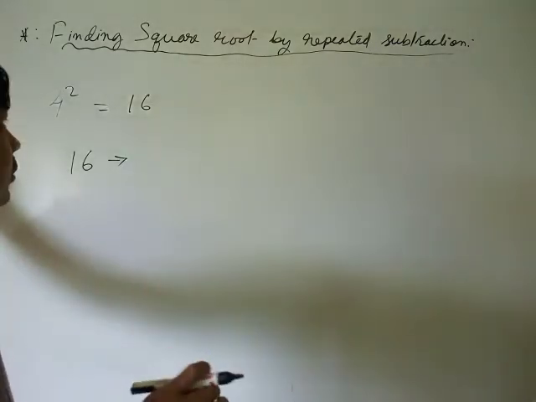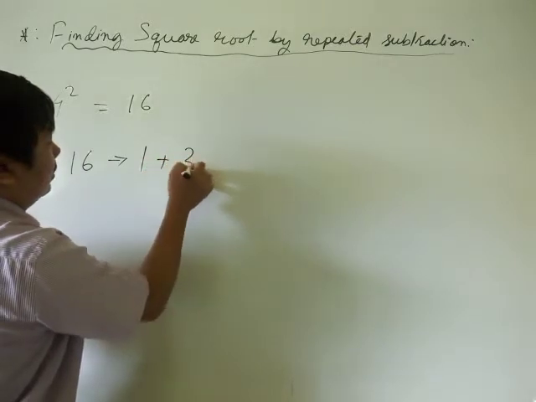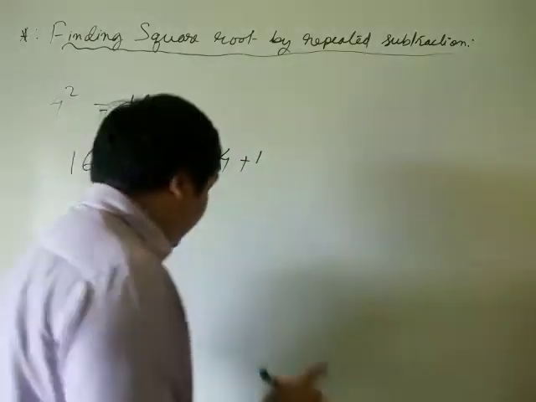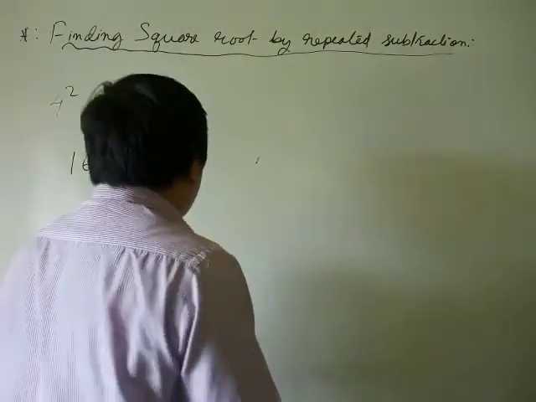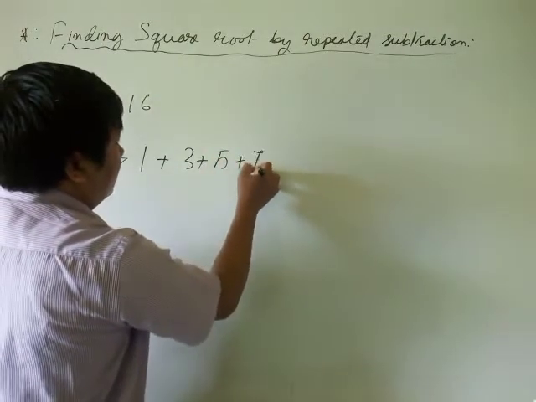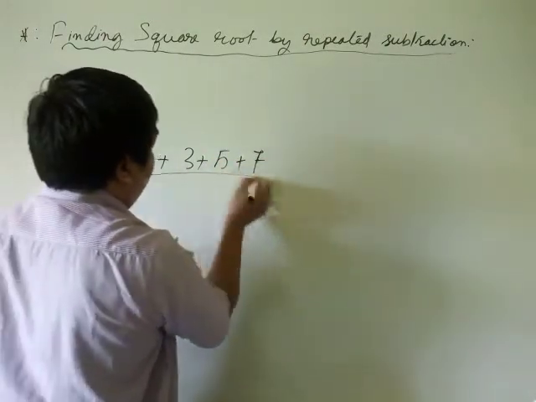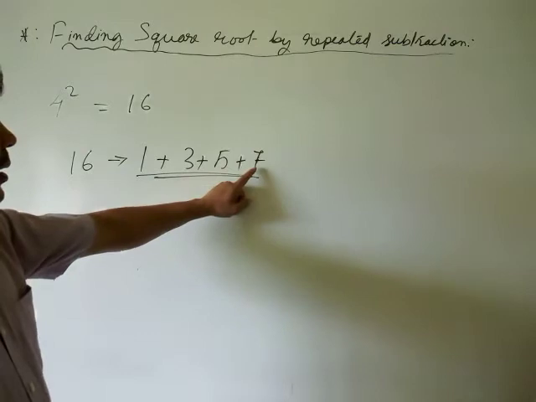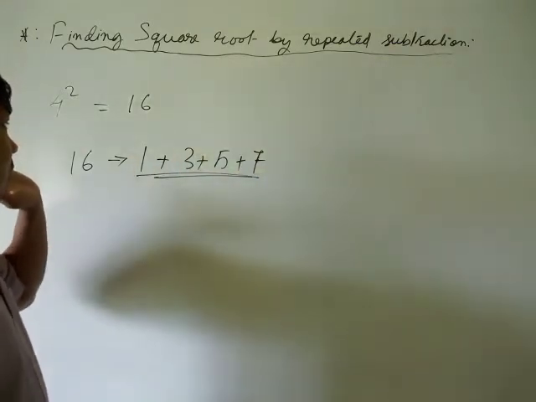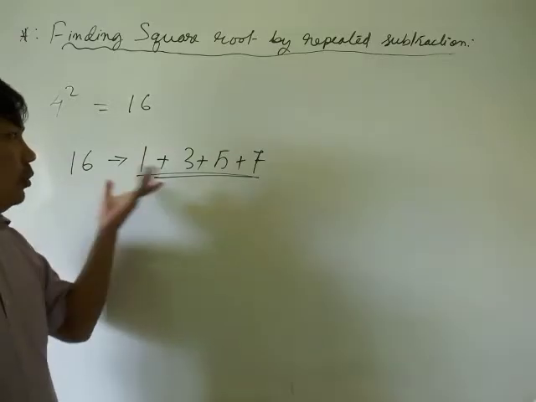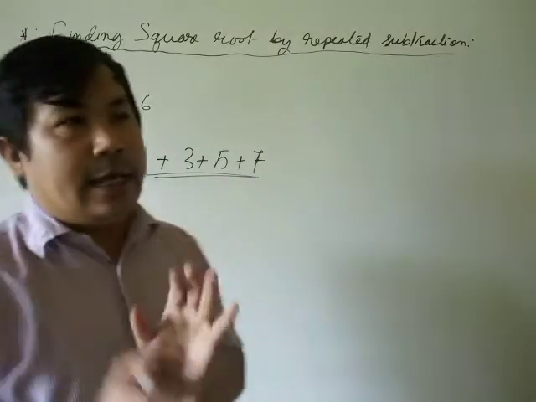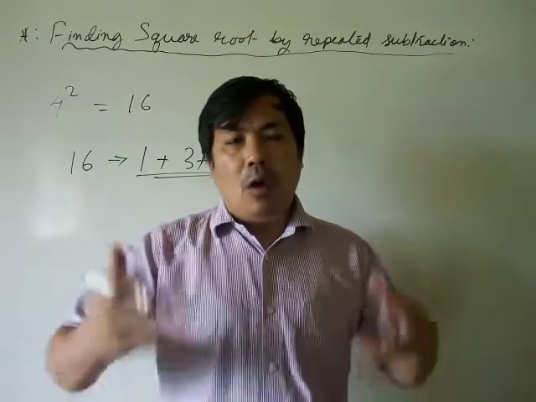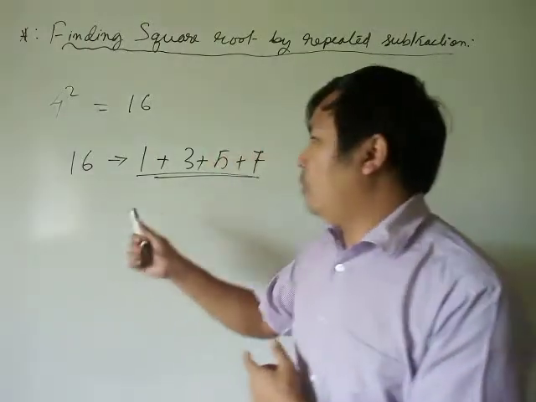How many odd numbers will be there? 1 plus 3 plus 5 plus 7. 1, 2, 3, 4, the sum of the first 4 odd numbers. 16 is the square of 4. So we can express this 16 as the sum of the first 4 odd numbers.